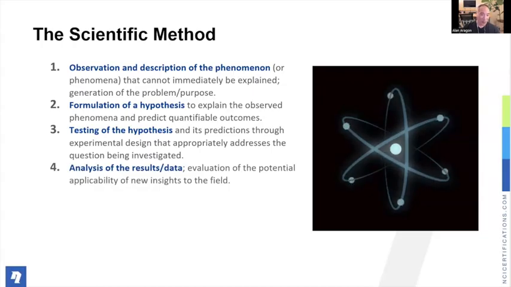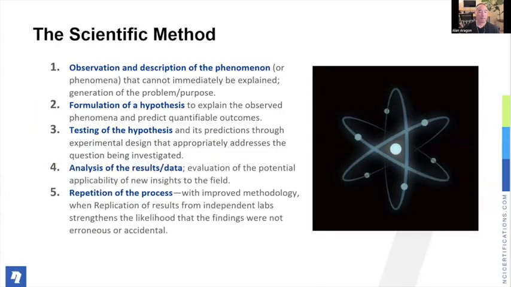And at the end of the rainbow, 12 weeks are done, we gather the data, analyze it, and evaluate whether there was a significant or a meaningful effect of creatine compared to the inert placebo control group. And whether or not we get a significant effect from creatine, for example, it's important to repeat the process.